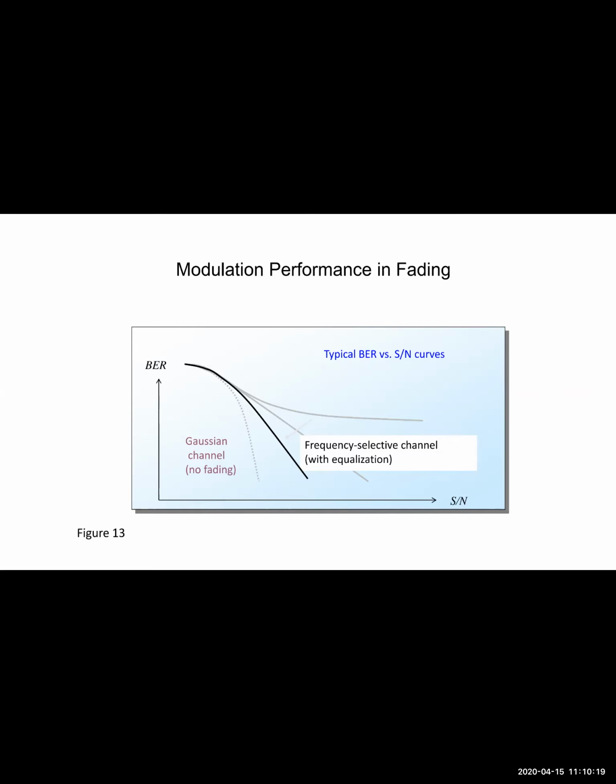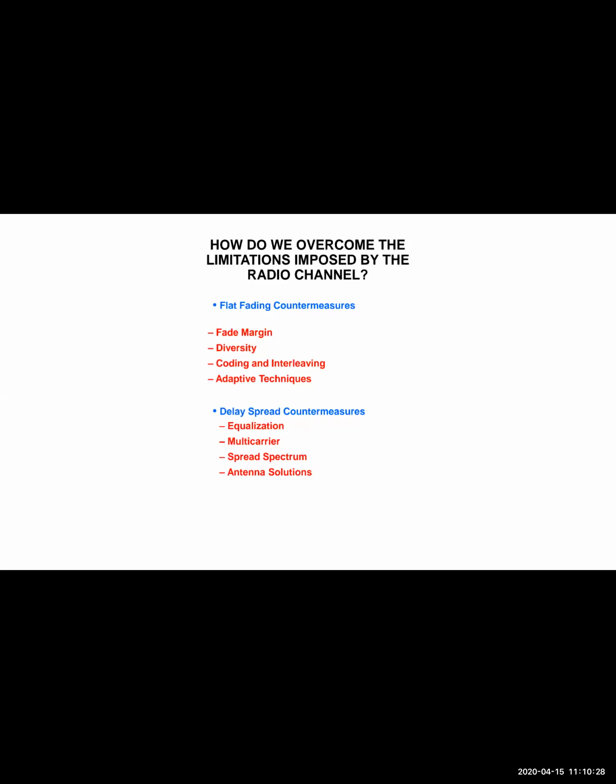Are you with me? Yes, sir. Okay. So principally, the conclusion is that in flat fading, these are the techniques that you need. You need coding and interleaving. We need adaptive techniques. And then in frequency selective and time selective, we need equalization, multi-carrier, spread spectrum, and antenna solutions. So in all, if it is an additive white Gaussian noise channel, the likelihood of reducing bit error rate using transmit power is there at little bit of cost.